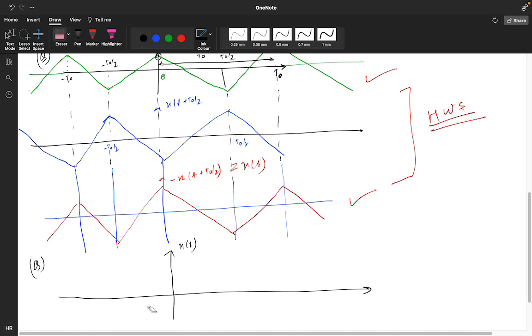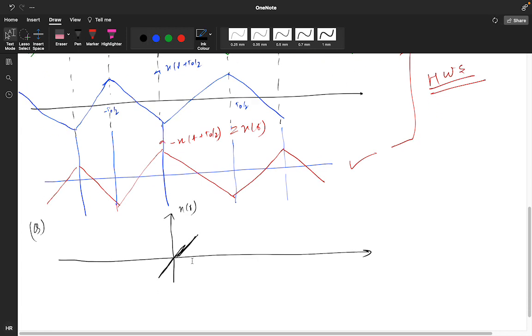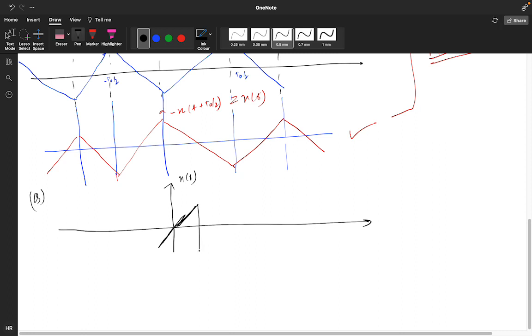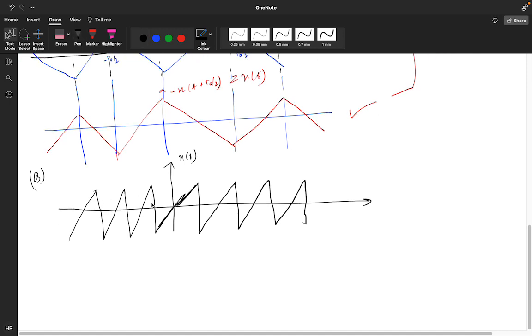Let me draw this. So this is a straight line. I am drawing this signal like this, like this, like this. It's repeating like this.